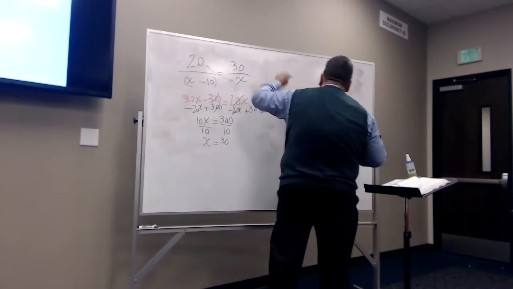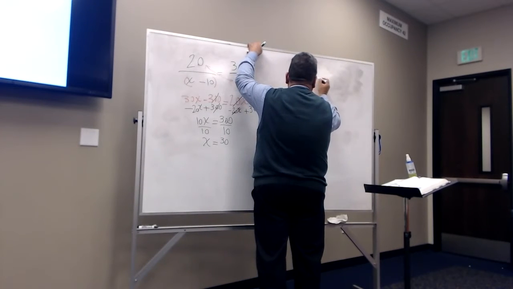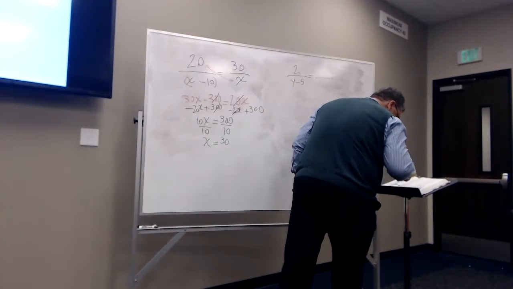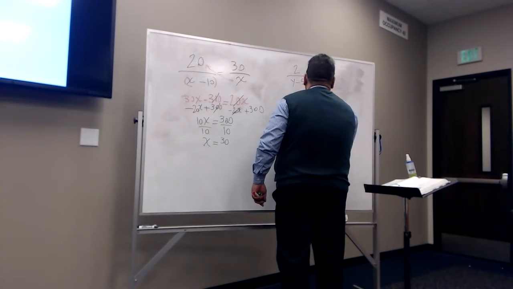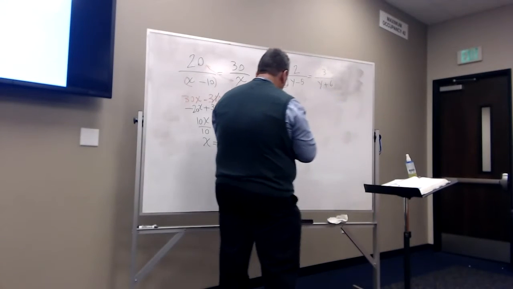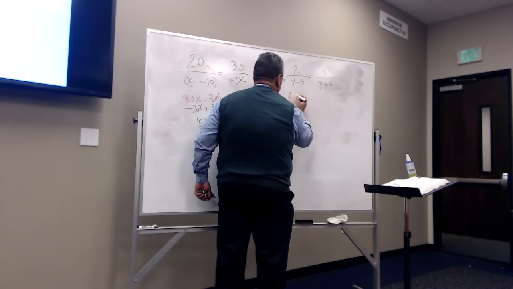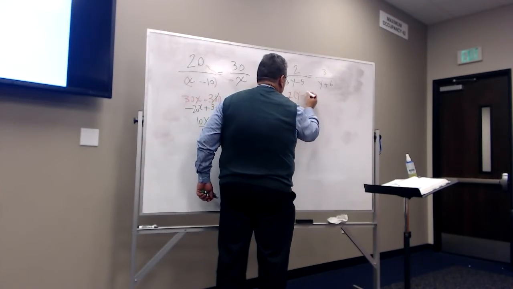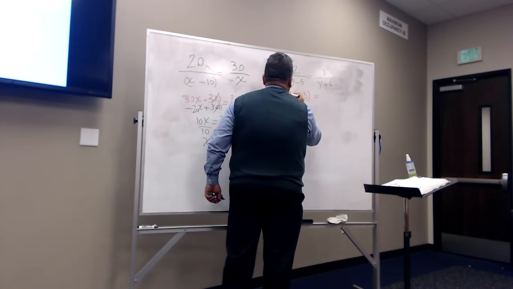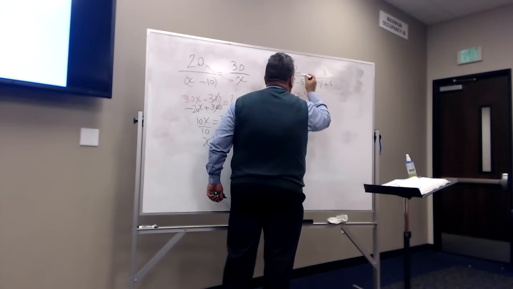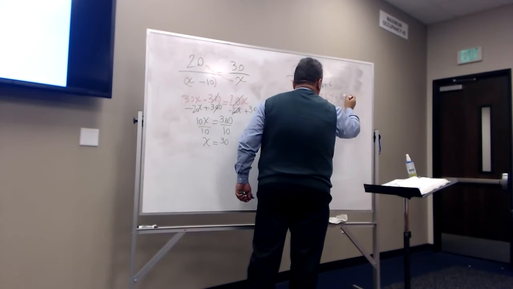We have 2 over y minus 5 equal to 3 over y plus 6. Okay. Now, you guys tell me how would you write it? 2 times y minus 5. Yes? Oh, I'm sorry. No. This should be 3 times y minus 5 equals 2 times y plus 6. Okay?